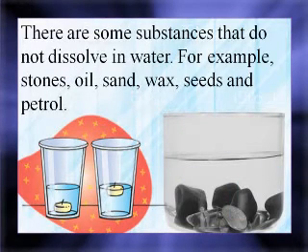There are some substances that do not dissolve in water. For example, stones, oil, sand, wax, seeds and petrol. So sugar and salt dissolve in water, but there are some things which do not dissolve in water. For example, stone, oil, sand.